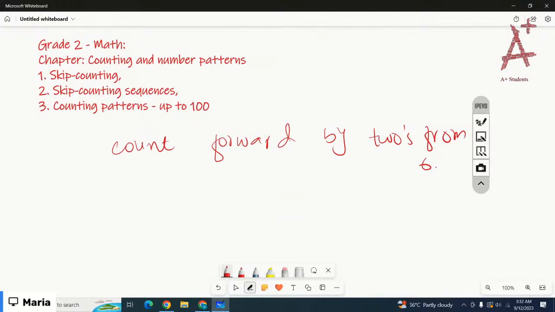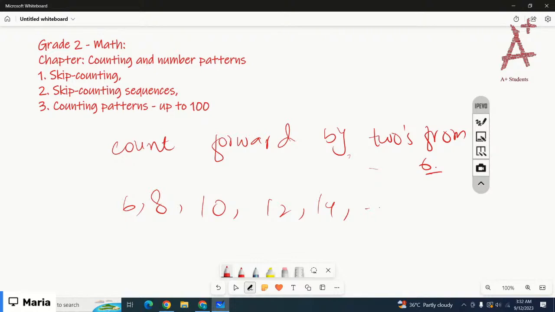Backward means you have to go back, and for backward you have to subtract by twos. Every time you skip 2, and you start from 6. That means the first number of the pattern is 6, and for the next you skip 2. So that would be 8, 10, 12, 14, and so on. That's how you make the patterns.